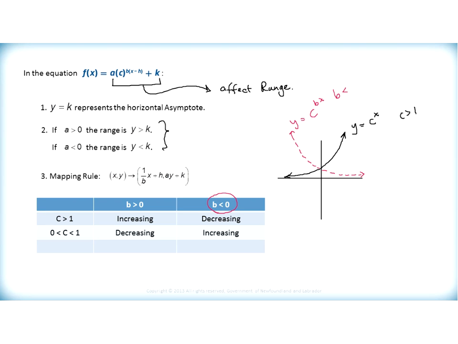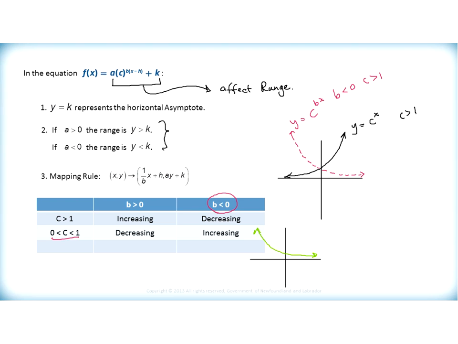Notice again where b is less than 0 and c is still greater than 1. It's a decreasing function now because of the reflection. And the same is true if you started with a decreasing function, for example, one like this, and I'll quickly do this here in a different color.